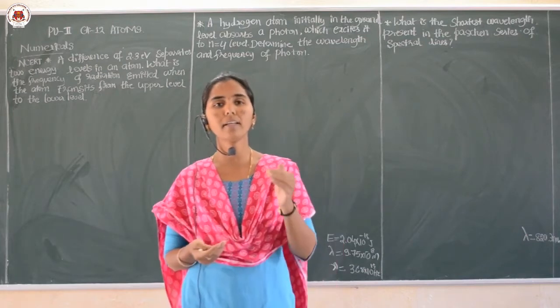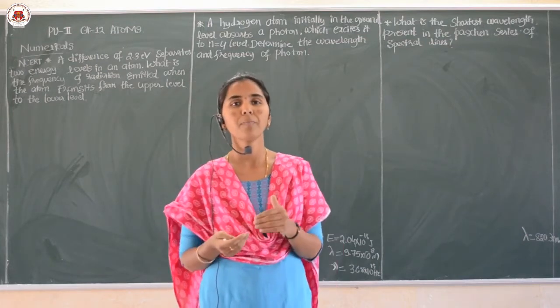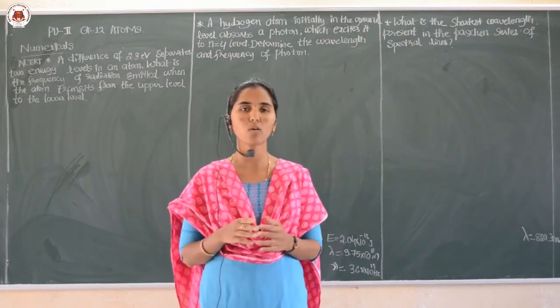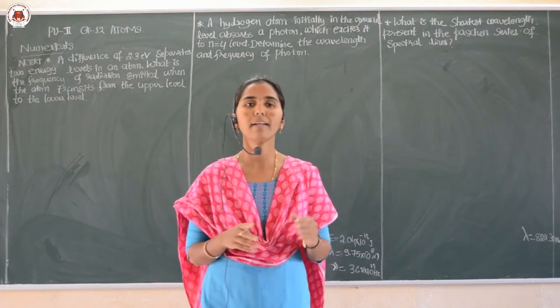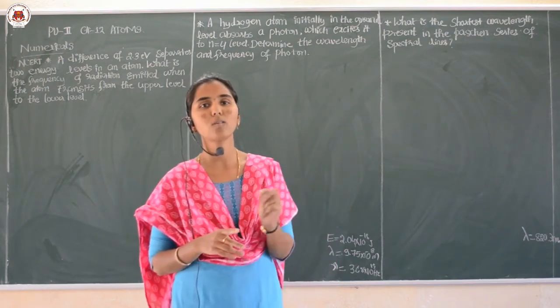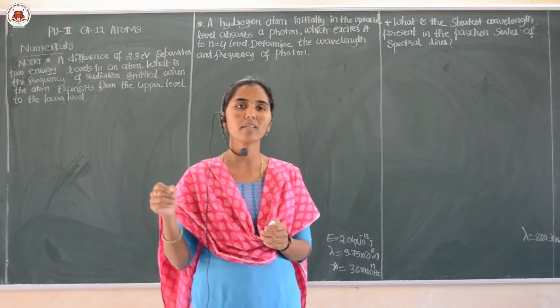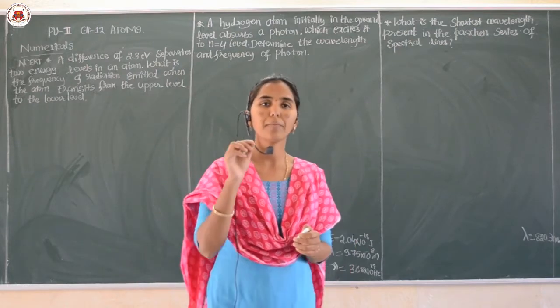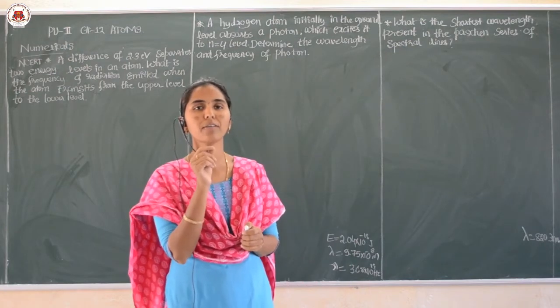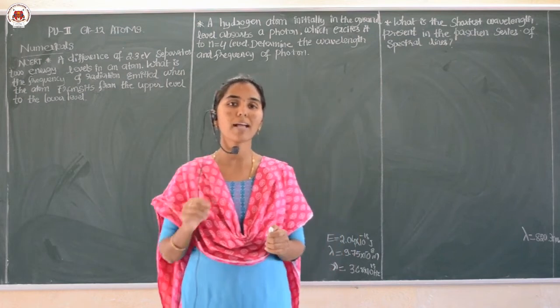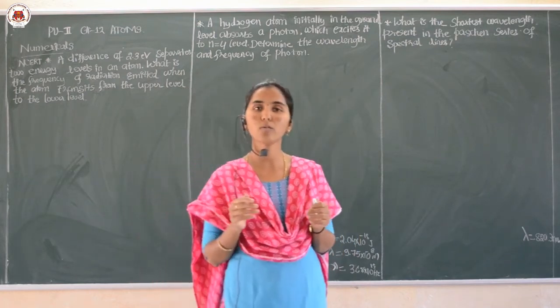In this chapter, if you keep a few formulas in mind, that is enough to solve the numericals. The energy E is equal to h nu, where E = h nu is equal to E2 minus E1, and by using that we can calculate the frequency nu is equal to E2 minus E1 by h, where h is Planck's constant, whose value you know already.